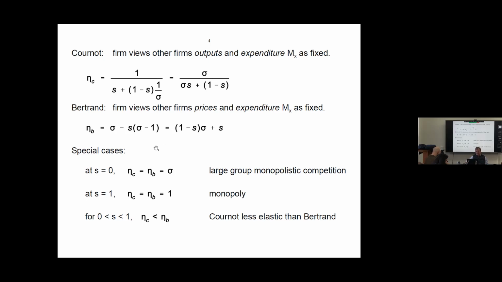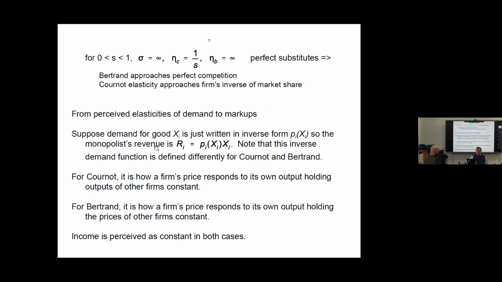And I'll show how the markup relates to the elasticities in a minute. If the goods go toward being perfect substitutes, that's when sigma equals infinity, so it's a homogeneous good, then the Cournot markup still works.